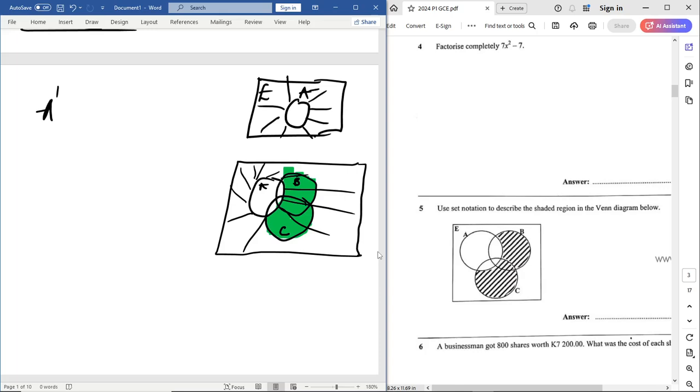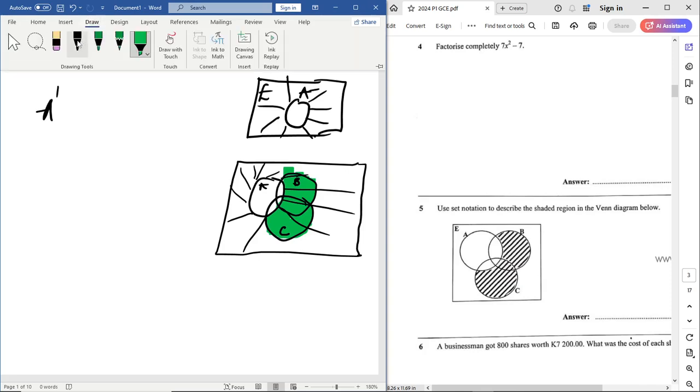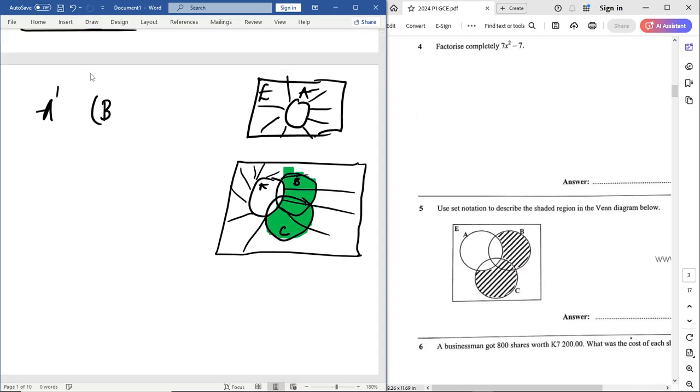So now, how do we do this? We know that if the two sets B and C have been shaded, it simply means that they form a union of the two. So we're going to say we have open brackets, B union C. Now, we have everything that is outside A, okay?